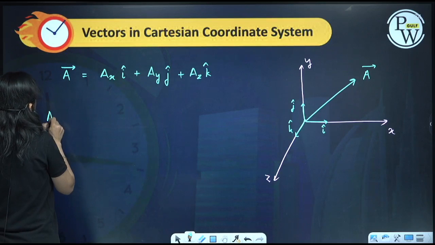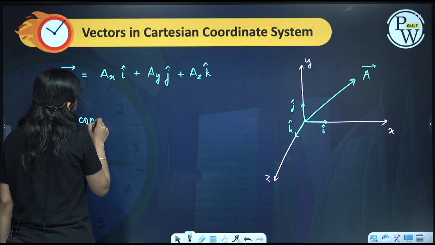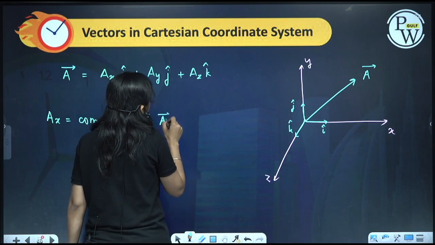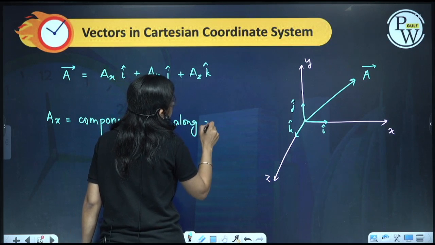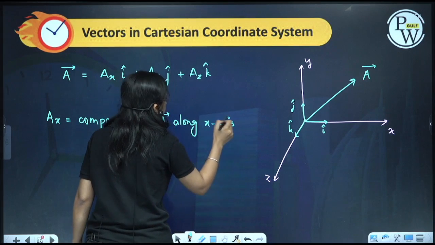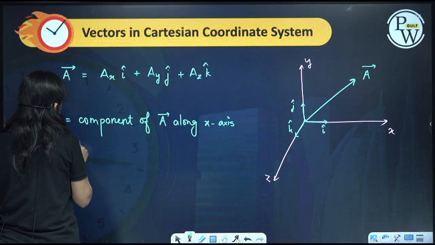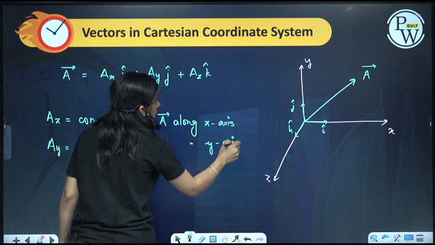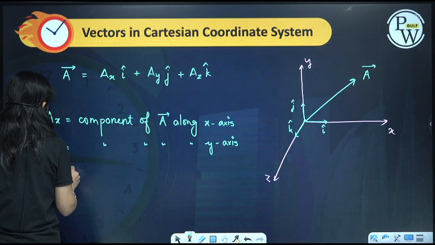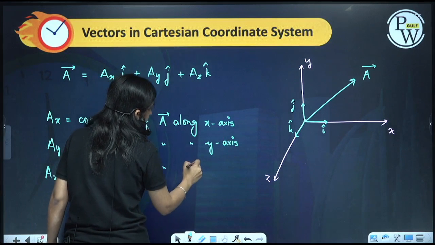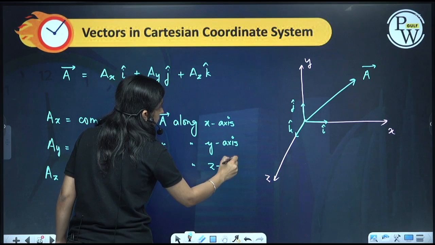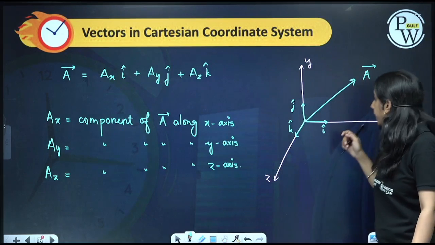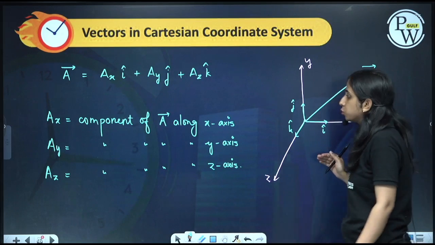Similarly, Ax will be the component of the vector along the x-axis, Ay will be the component of the vector along the y-axis, and Az will be the component of the vector along the z-axis.